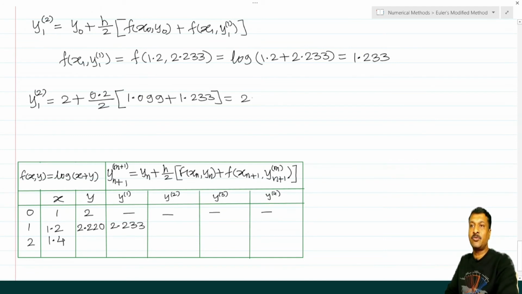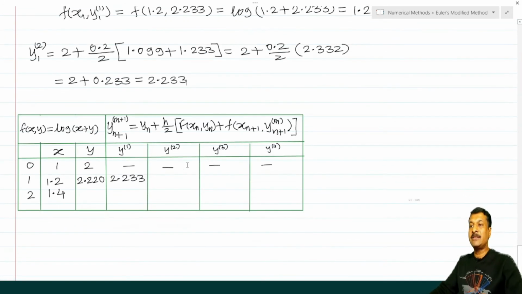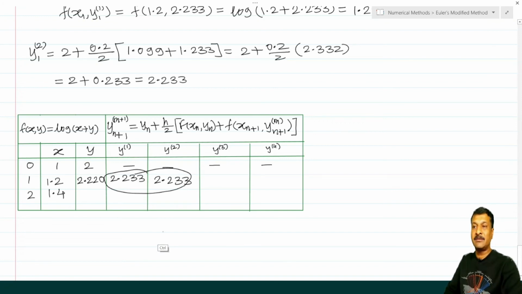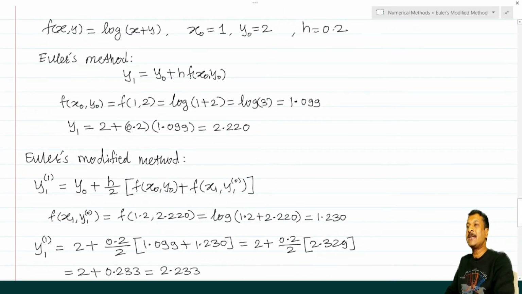So that is equal to 2 plus 0.2 by 2 in brackets 2.332, and that is equal to 2 plus 0.233, that is equal to 2.233. So new value of y1 is now 2.233. So both values are same. That is why this is your final value of y1. So need not improve now. So this is the first step. You can write here this as step number 1.